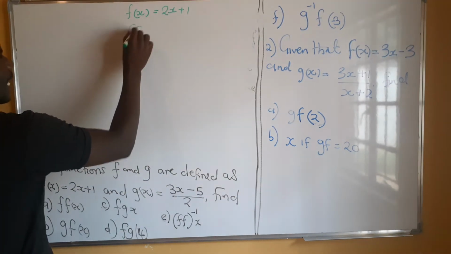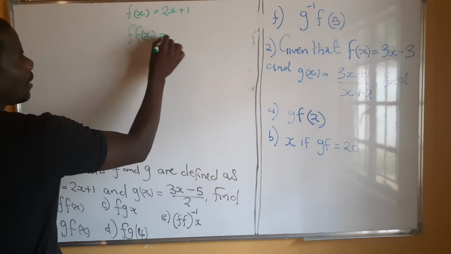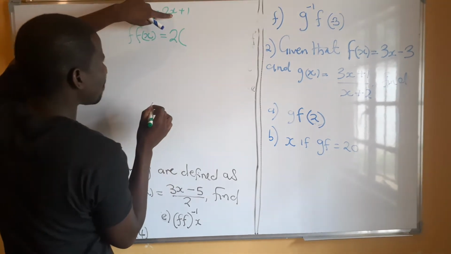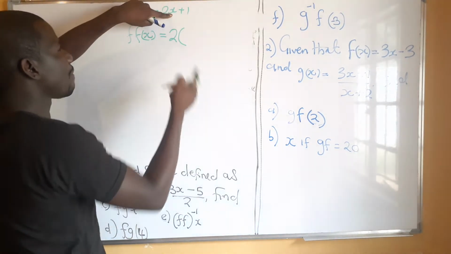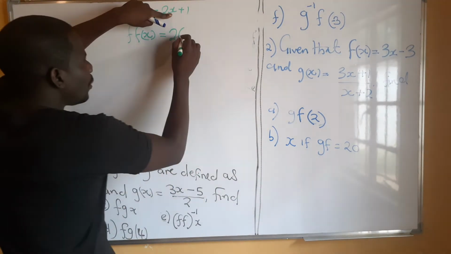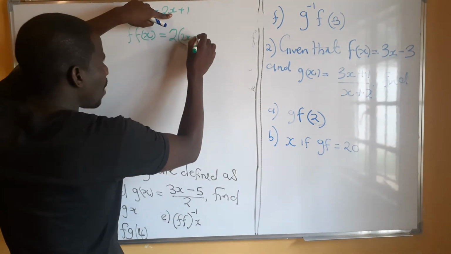So f(f(x)) will mean that we are going to write 2, then where there is x here, we put the same function f, which is 2x + 1, close, then plus 1.